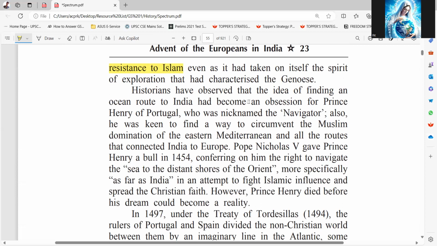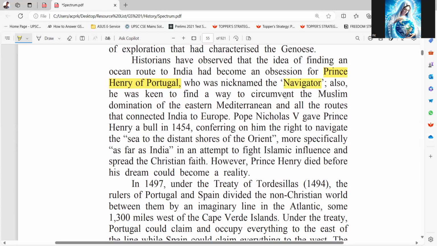Historians have observed that the idea of finding an ocean route to India had become an obsession for Prince Henry of Portugal, who was nicknamed the Navigator. Also, he was keen to find a way to circumvent the Muslim domination of the Eastern Mediterranean, and all the routes that connected India to Europe.